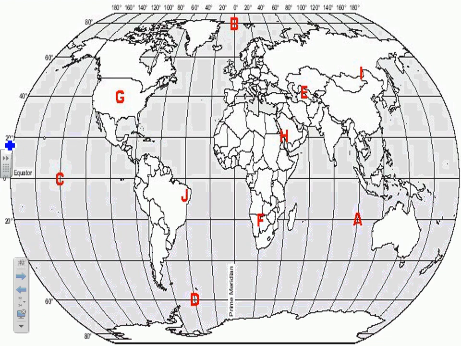And then we're going to go to our longitude. So here's our 0 degrees longitude. We're going to go 20 degrees west, 40 degrees west, 60 degrees west, 80 degrees west, 100 degrees west.